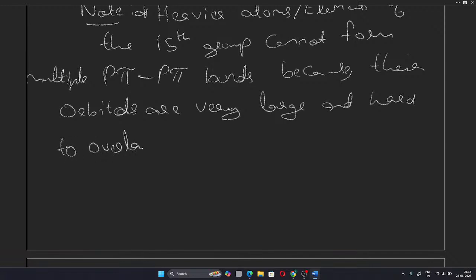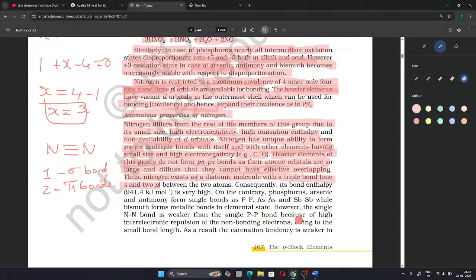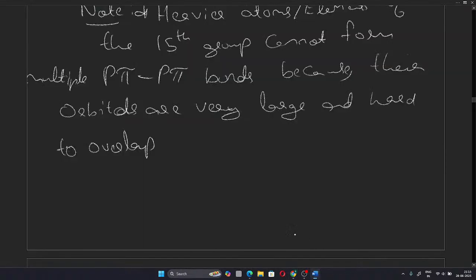Covalent bonds are formed by overlapping, so overlapping is hard. And one more, they said something about diffusing. They also diffuse easily or something like that.